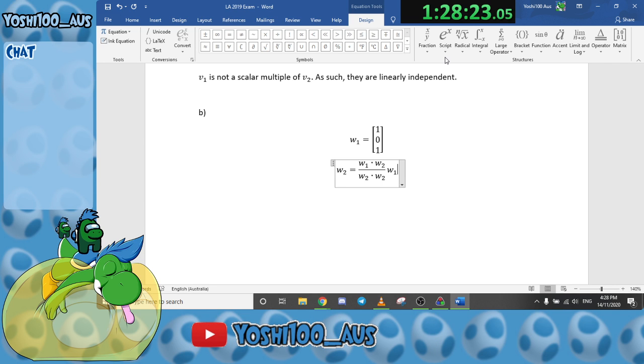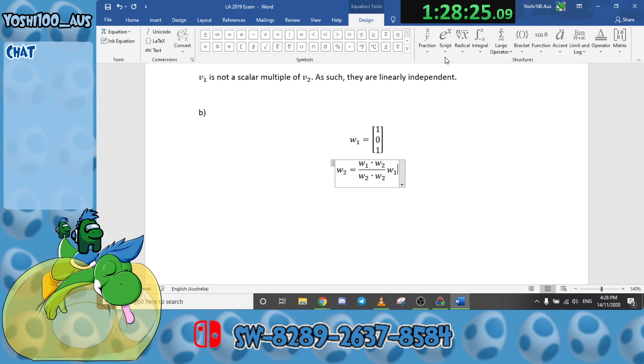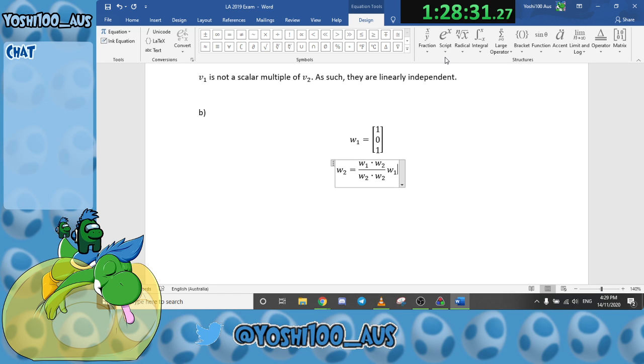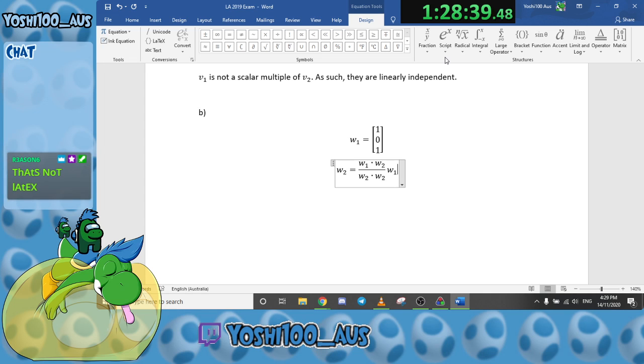Linear transformations, vectors, linear transformations, integration. That's the wrong subject. What page did I do it on? It's here somewhere.